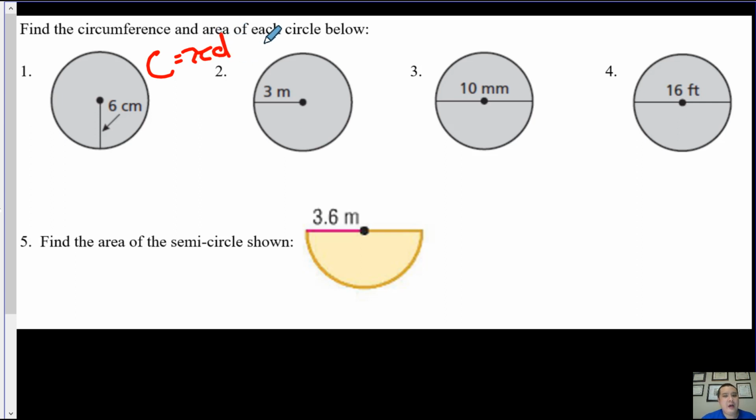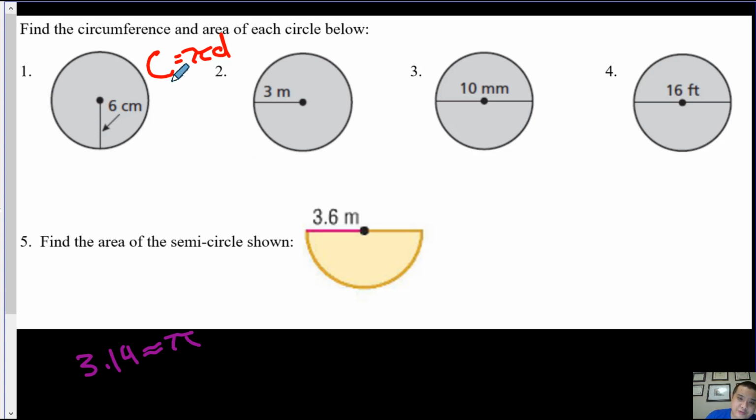Now for the purposes of this worksheet and for all worksheets going forward, unless it states otherwise, we're going to use 3.14 for pi. That just makes things a little bit easier. 3.14 is the rounded form of pi. That way, we don't have to worry about rounding our final answers.